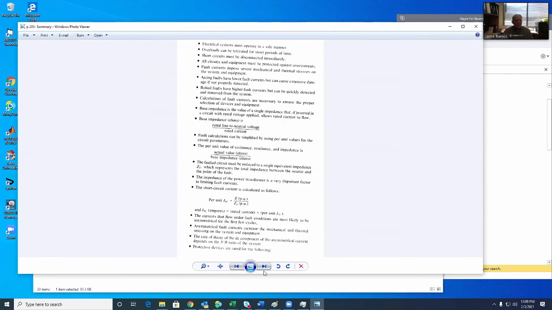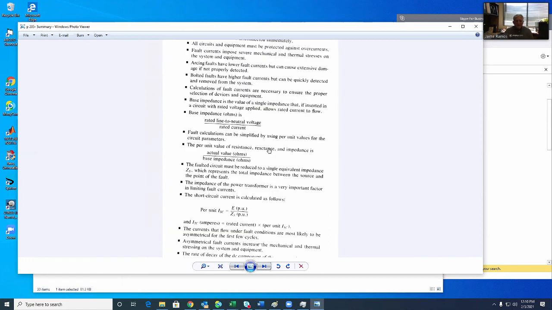So here is the summary. Let's look at the summary. Systems must operate in a safe manner.